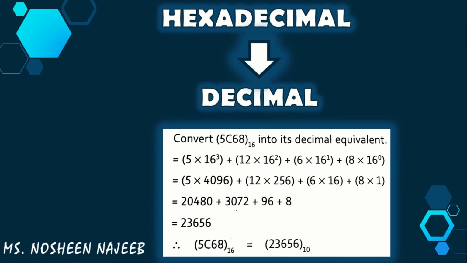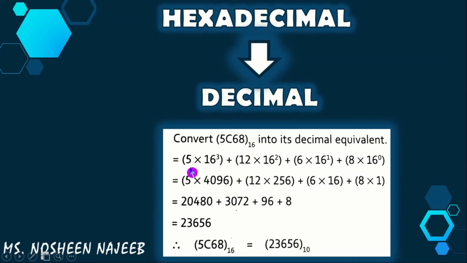This method is only for hexadecimal number system. So C is equal to 12, 6 is as it is 6, and this one is the set of 6, this one is the 8th set.